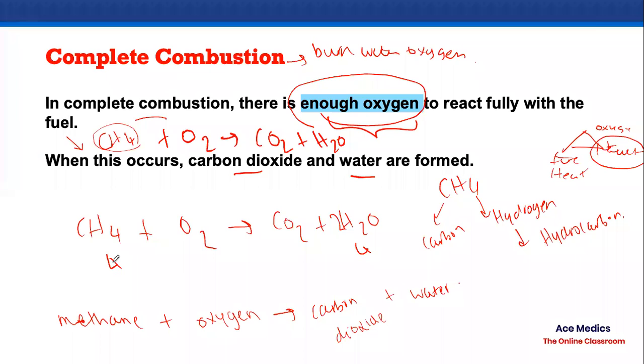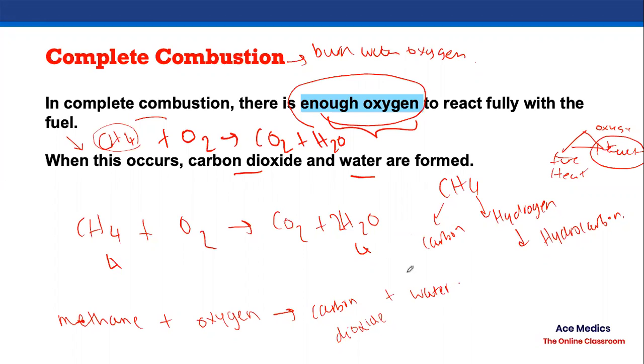No. Okay, so what else needs to be balanced? The oxygen molecule needs to be balanced as well, because the oxygen isn't balanced right now, is it? So how can we try and balance the oxygen?